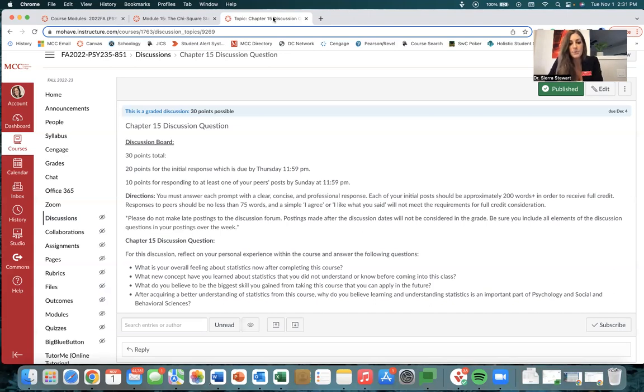What new concept or concepts have you learned about stats that you did not understand or know before coming into the class? So maybe it was just a way to compute data, or maybe it was how, when you're looking through journal articles, now that you're reading the data analysis and the results, maybe you understand that a little bit better.